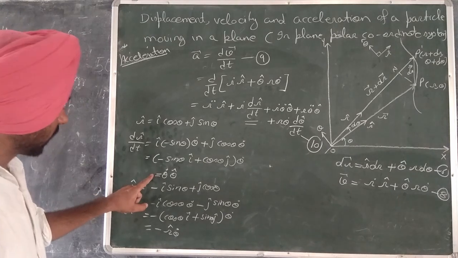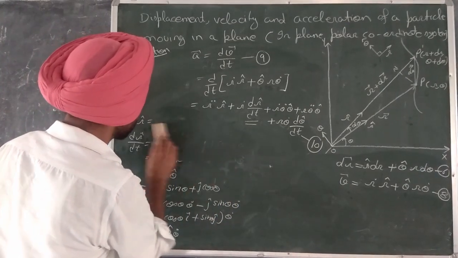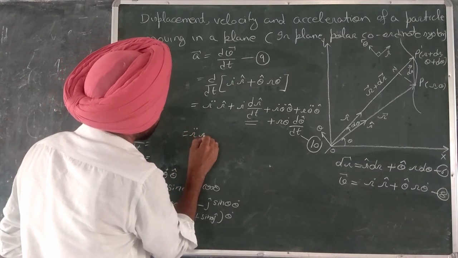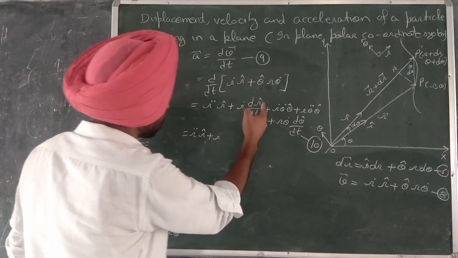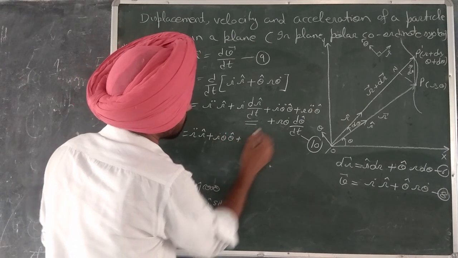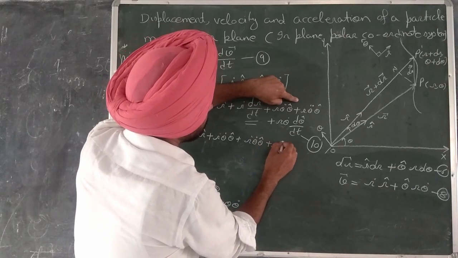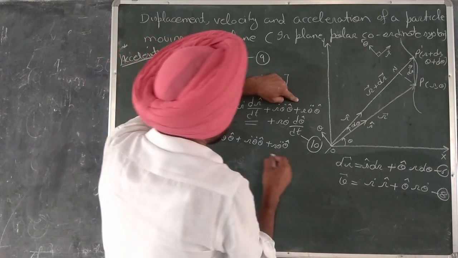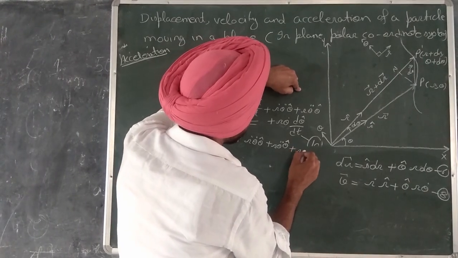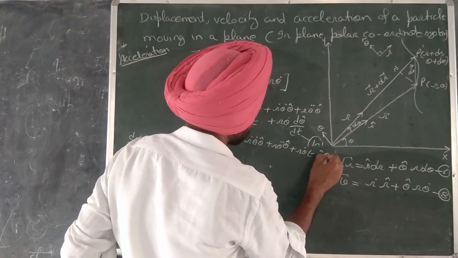So we will substitute these two values in equation number 10. So finally we will get r double dot r cap plus r dot dr cap upon dt is theta dot theta cap, plus this term as it is r dot theta cap plus r theta double dot theta cap, plus r theta dot, theta cap upon dt is minus r cap theta dot.